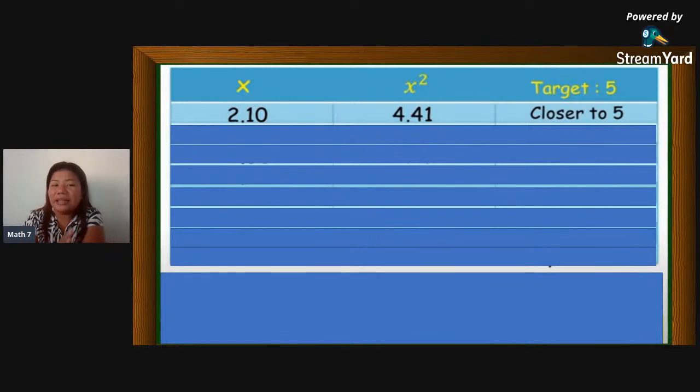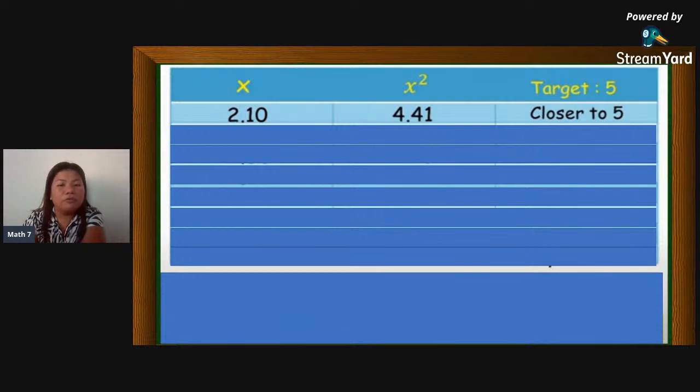Sabi kanina, mag-a-add lang tayo ng 0.10. So, 2 plus 0.10 and then square natin. 2.10 times 2.10. Tama ba? 4.41. Pakicheck nga po, 2.1 times 2.1.